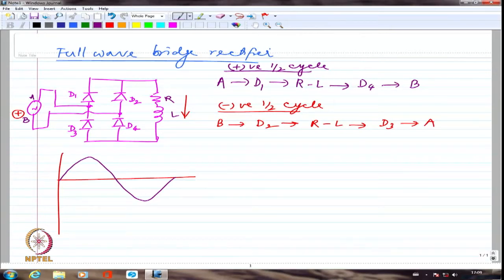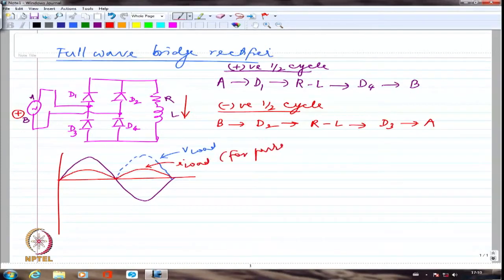So if it is a purely resistive load, I am going to have the rectified waveform somewhat like this. The voltage waveform will be somewhat like this. This is the rectified voltage waveform, and current will exactly follow whatever is the voltage wave shape. So I am going to have essentially the current wave shape somewhat like this. This is how the current wave shape is going to be. So this is I load for pure resistance.